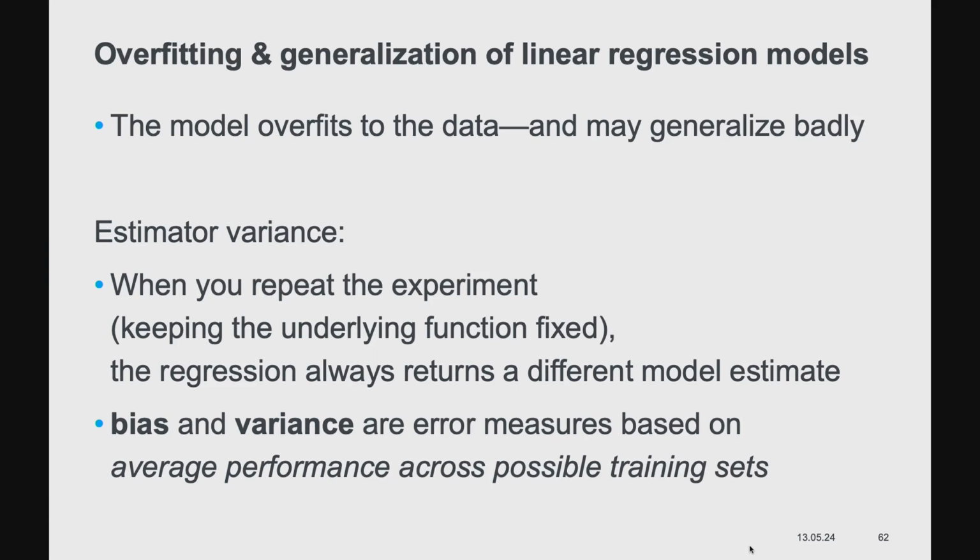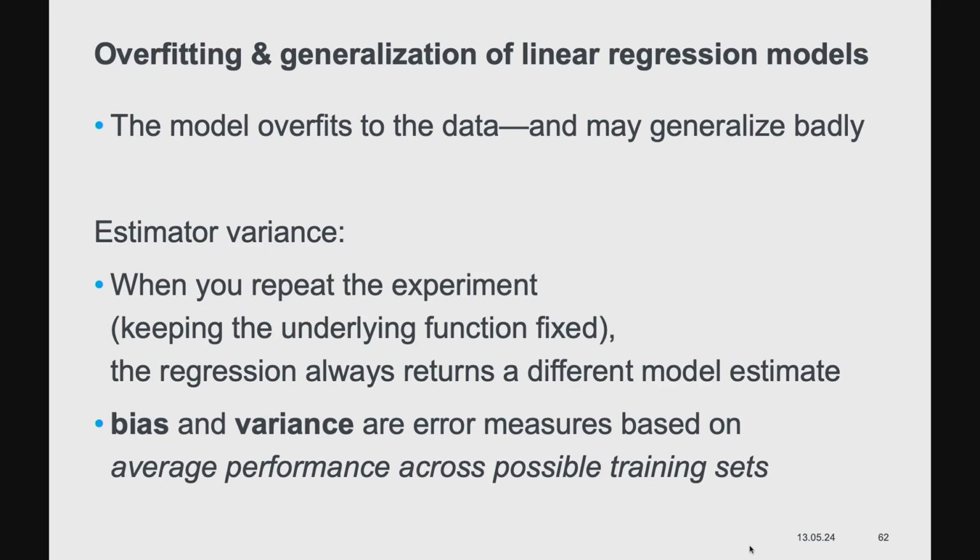I've mentioned this before, but let me define it again in a bit more detail and a bit more quietness. The problem of overfitting is that our model may overfit to the data given and may generalize badly to new unseen data.